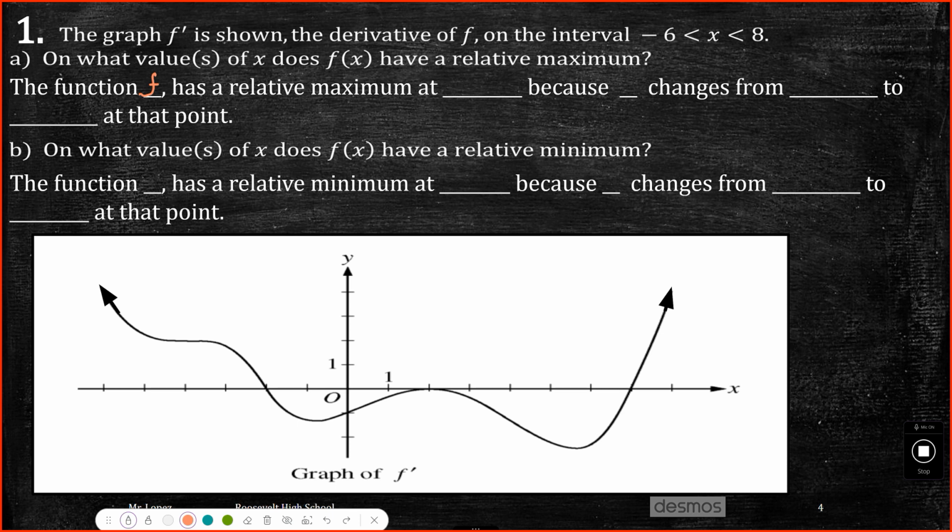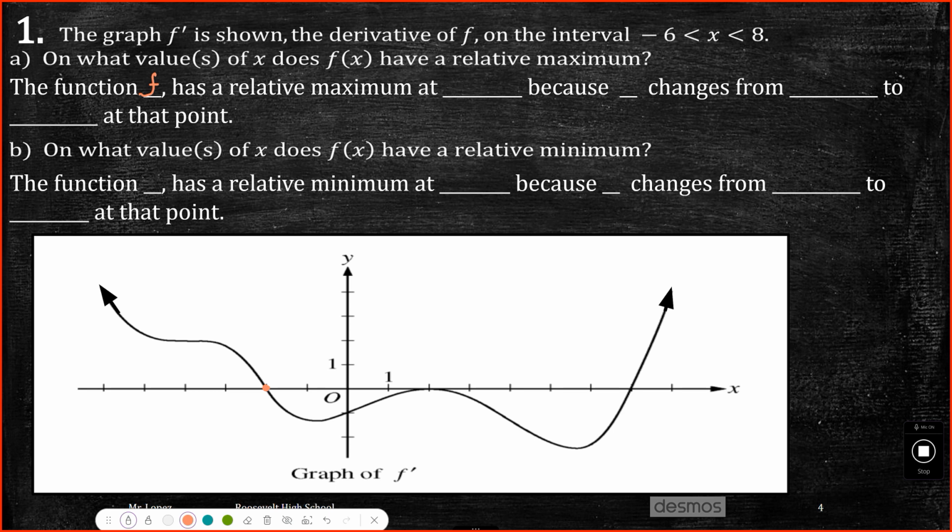Now by looking at this f prime graph, we can figure out where the relative max is. So where is the relative max at? Rufus, what do you think looking at that graph? At -2. Interesting. Put a dot at x equal -2. Now, why is it -2, Rufus?